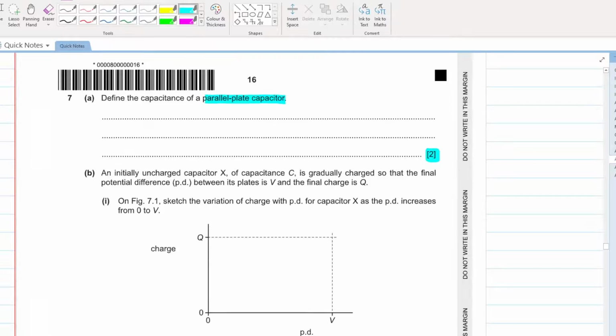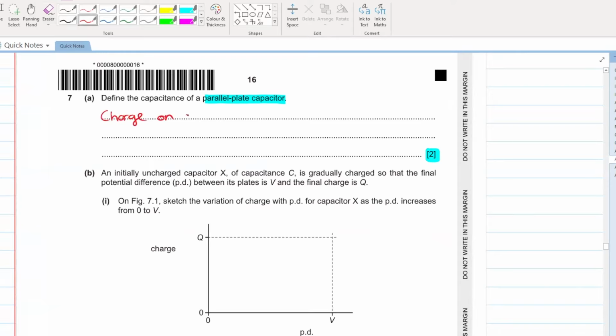You will say the capacitance of a parallel plate capacitor is the charge on one plate divided by the potential difference across the two plates. Simple as that. Let's further move ahead.